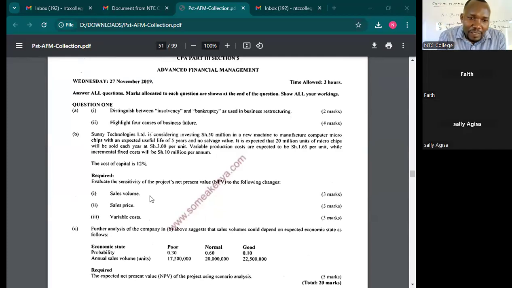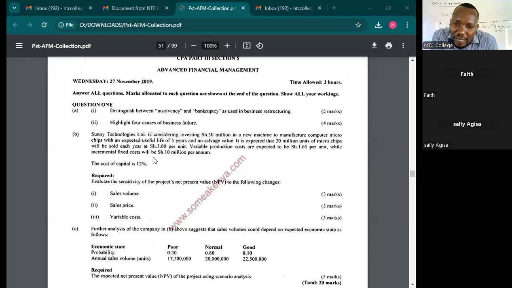So the question says that Sunny Technologies is considering investing shillings 50 million in a new machine to manufacture computer microchips with an expected useful life of 5 years and no salvage value. It is expected that 20 million units of microchips will be sold each year at Kenya shillings 3 per unit.